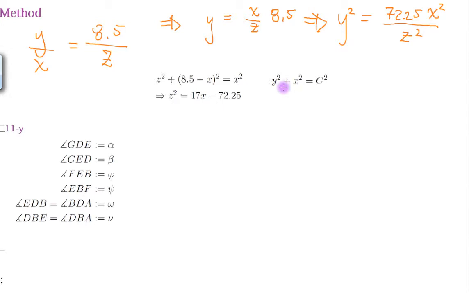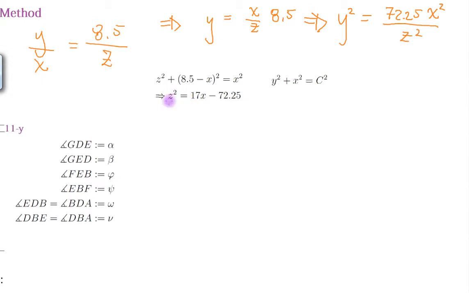Now notice that these two equations come from Pythagoras. So this one implies that c squared equals 17x minus 72.25, and this one will give me the minimum of c. Now substitute this equation into here and this one into this equation.